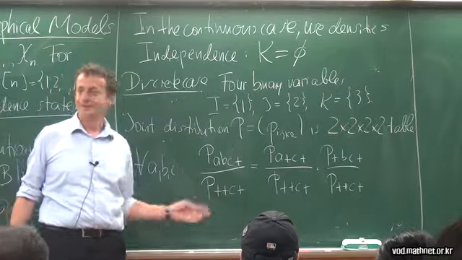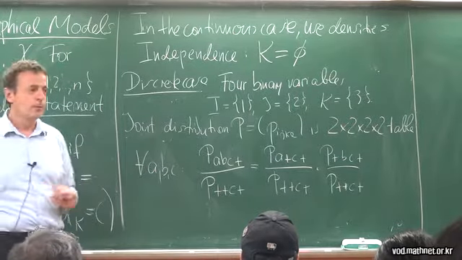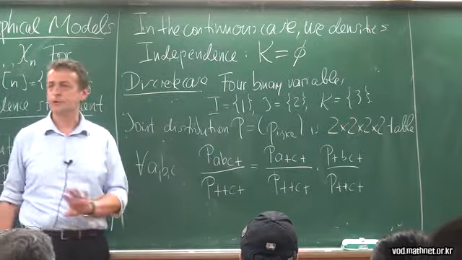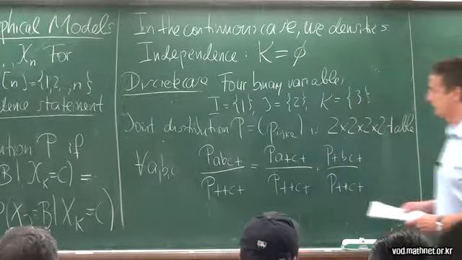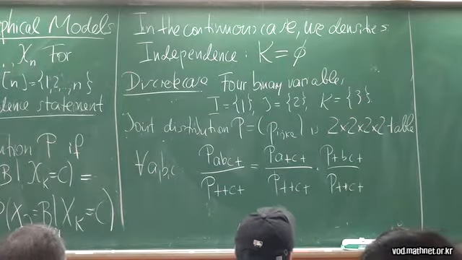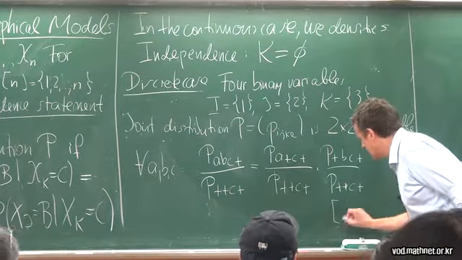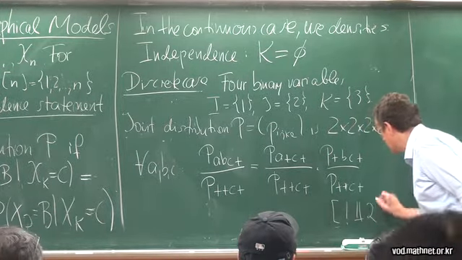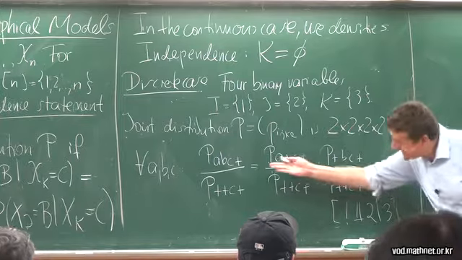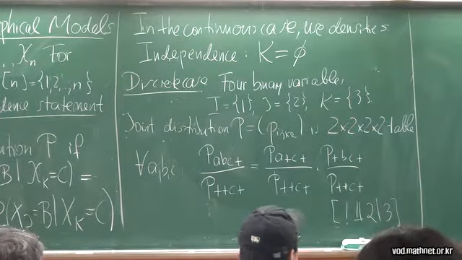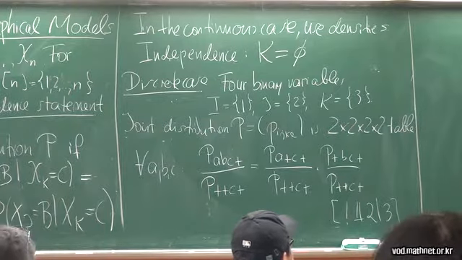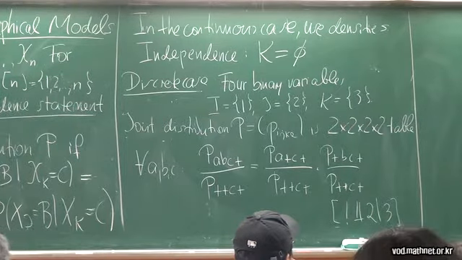Always when you deal with conditional probabilities, you have to be a little careful about what 0 divided by 0 means, but that's the definition of conditional independence. Now, this is the statement: 1 is independent of 2 given 3. So these 8 equations cut out a set in the 15-dimensional simplex whose dimension we are dying to know.